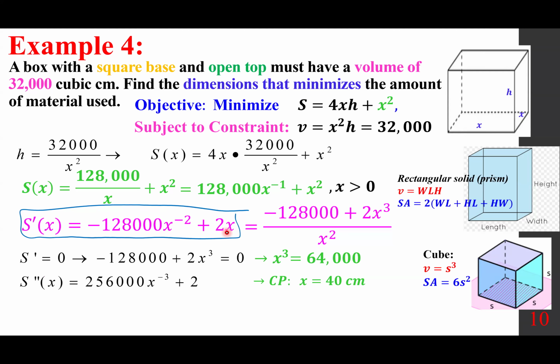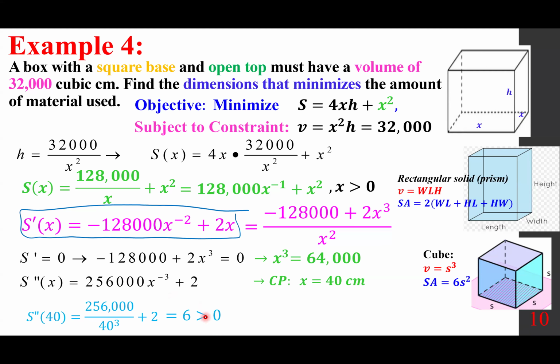According to the second derivative test, you have to plug the critical point into S double prime and observe if it's positive or negative. So when we plug in, this is x cubed at the bottom: 256,000 over 40 cubed plus 2. Now, you don't even have to evaluate to notice this is positive. So is this one. So it's positive. That's all we want.